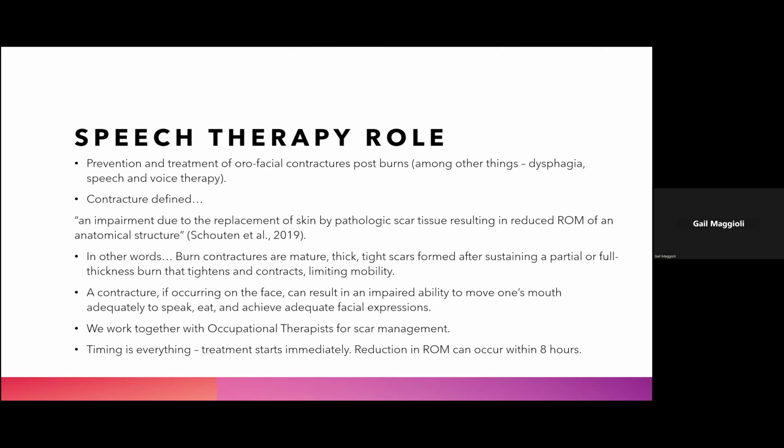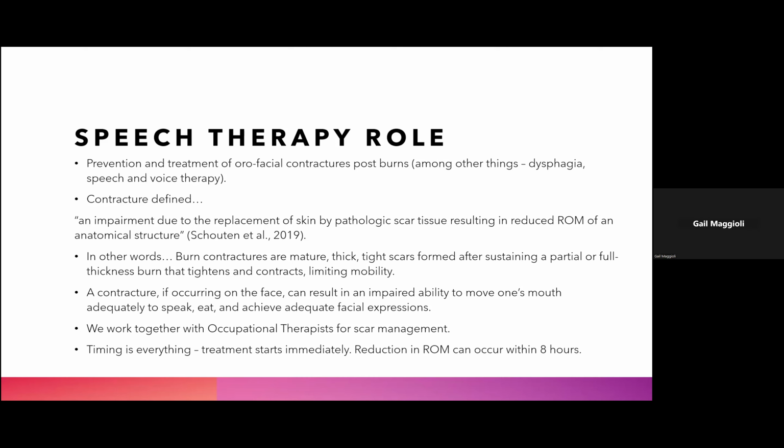So in other words, we've got mature, thick, tight scars formed after sustaining either a partial or a full thickness burn, and these tighten and contract, which then limit the mobility of that area which is burnt. A contracture, if occurring on the face, can result in impaired ability to move one's mouth adequately in order to speak, to eat, as well as to achieve adequate facial expressions.